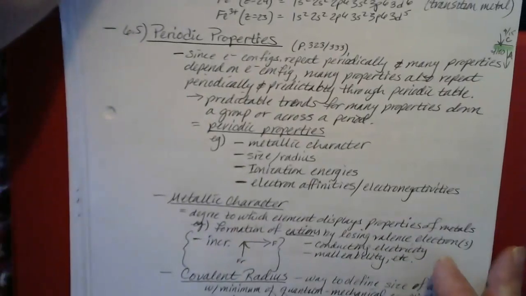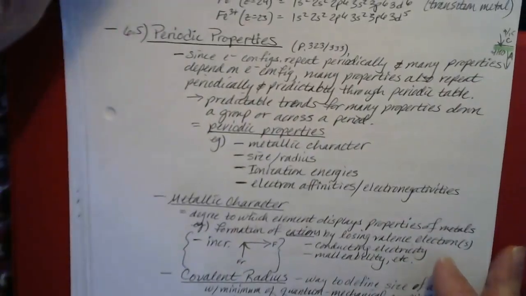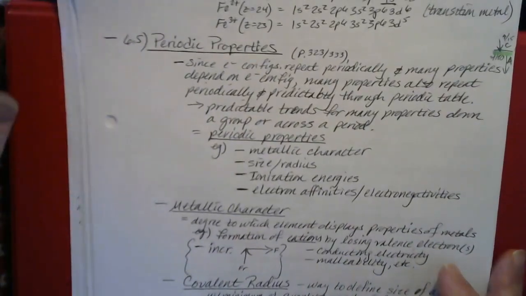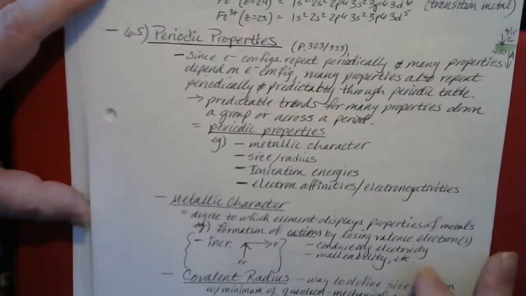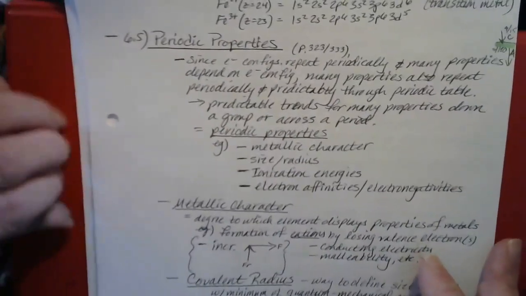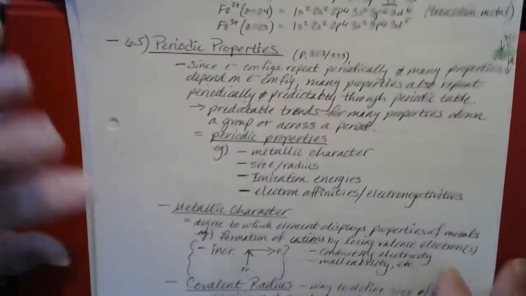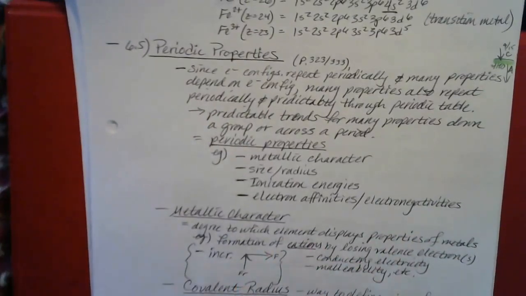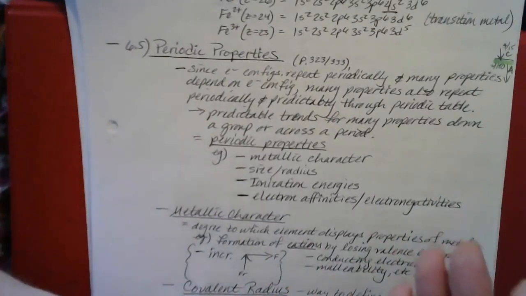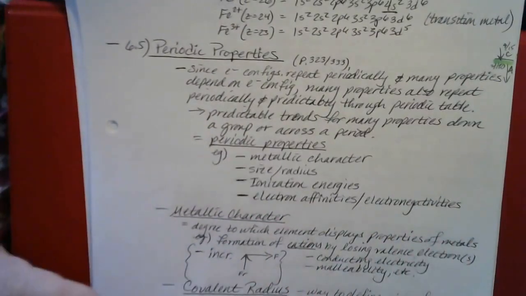In chapter 6, we're going to pick up where we left off, which was going over electron configurations. Since the periodic table was originally set up by grouping together atoms that had similar properties, it turns out that the reason they have similar properties is because they have similar electron configurations.